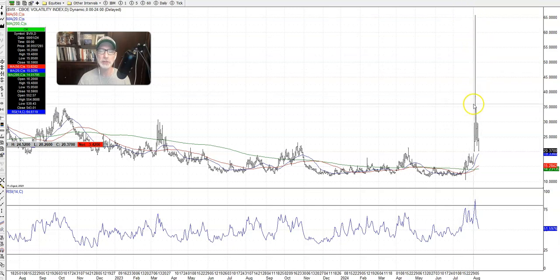But also what the VIX does, it measures the priciness of options. When the VIX goes up, option prices go up extremely as well. So if you're an option seller like we are, when you get spikes in the VIX like this, it is a great time to be selling options versus buying them.